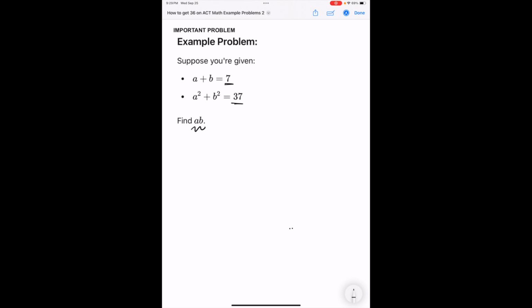So we can use what we know for polynomials. Well, we know that a plus b squared is equal to a squared plus 2ab plus b squared. And since it already gives you a plus b, we know that a plus b, which is 7, squared is equal to a squared plus b squared, which we already have right here, is 37, plus 2ab.